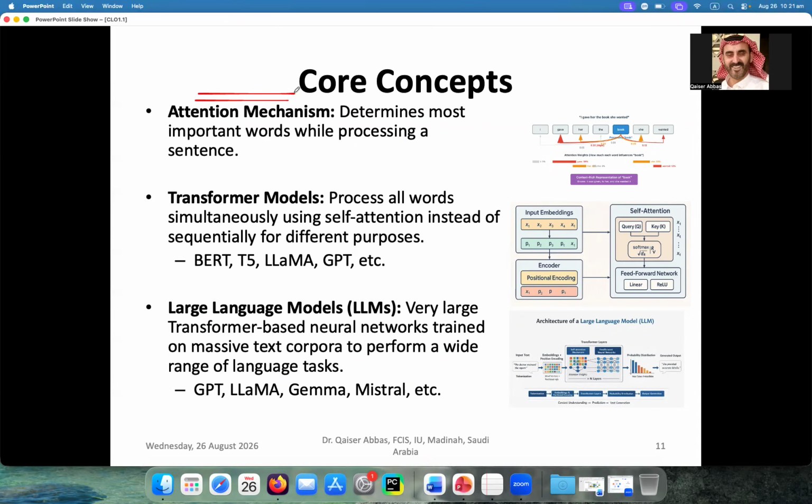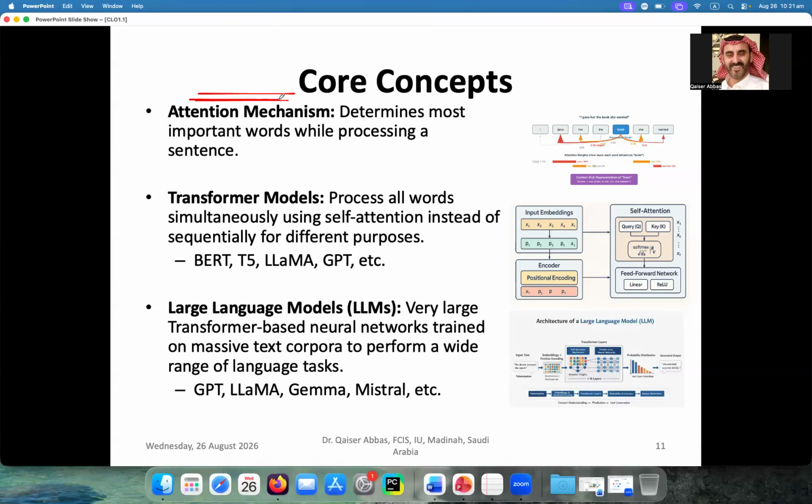What is the abbreviation for this? I think bidirectional encoder representations from transformers, something like that. So BERT is a transformer model, and the models that you have now, GPT, Llama, etc., are also transformer models, and they have an attention mechanism in them. What is this attention? What is this mechanism doing?